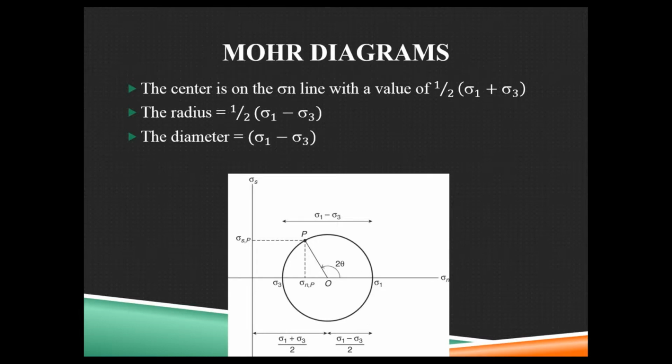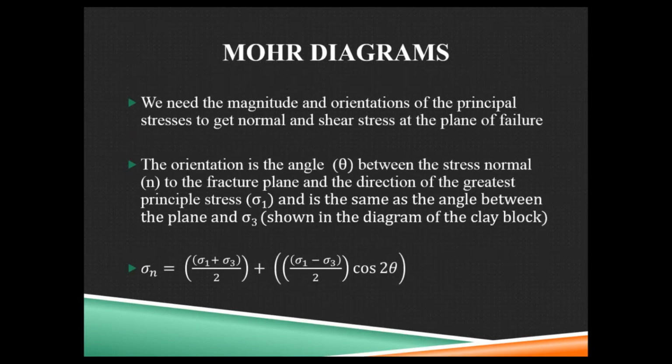No equations. Just a piece of paper, draw your axes, graph paper is best, compass, protractor, boom, you're done. No calculator, anything. You do need the magnitude and orientations of the principal stresses.